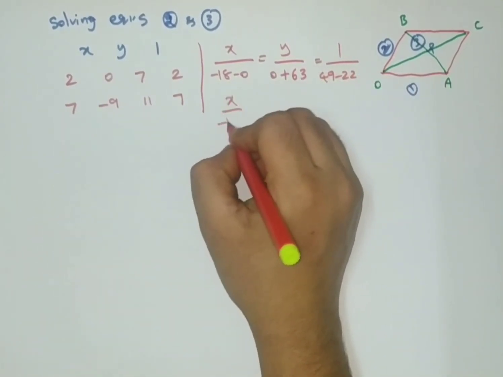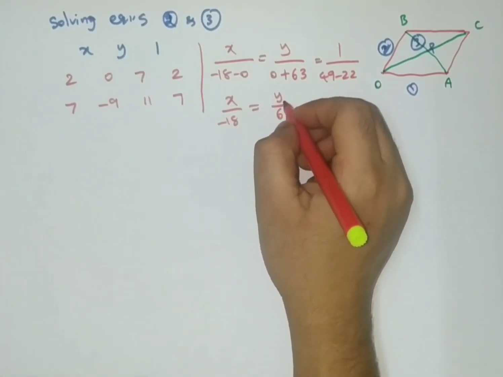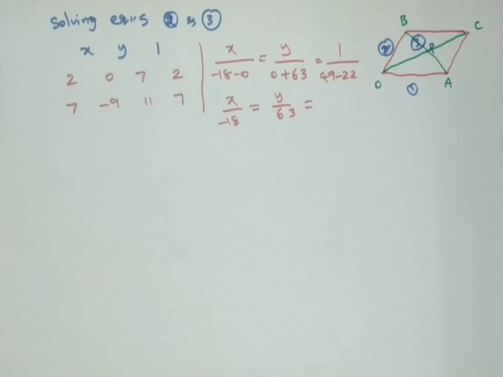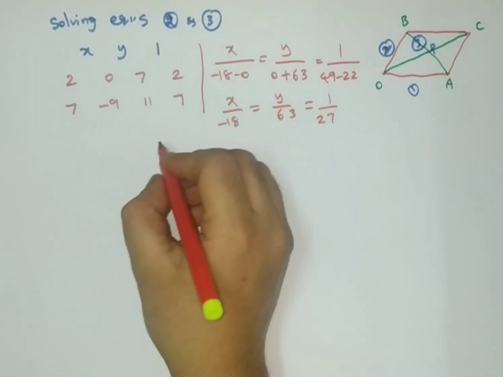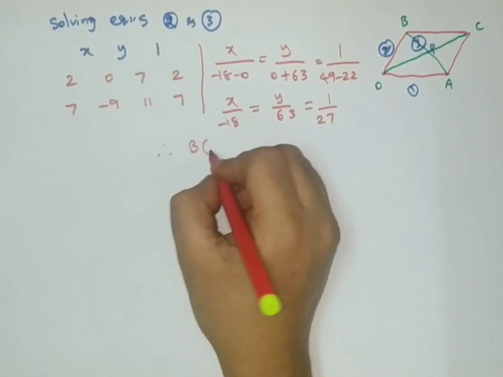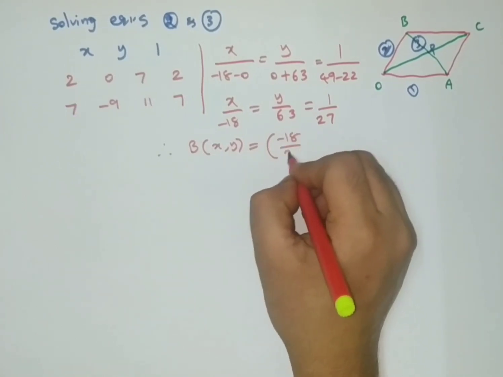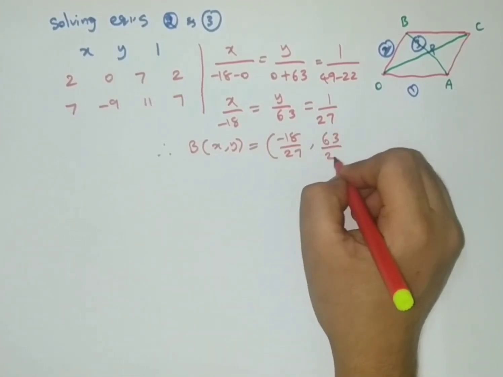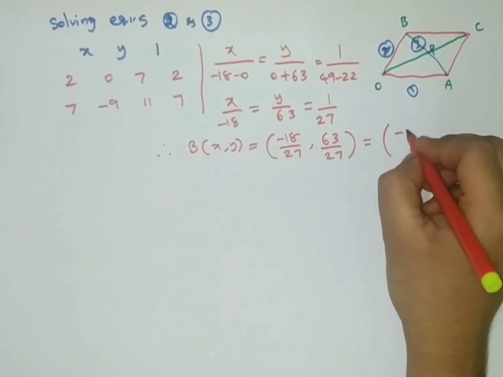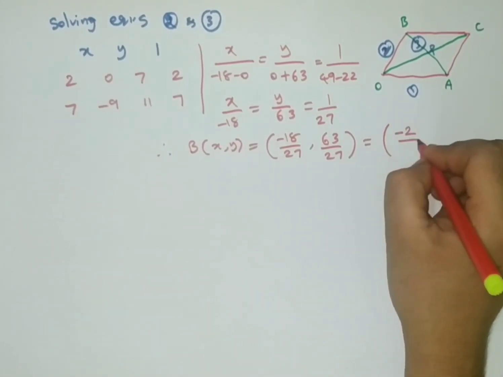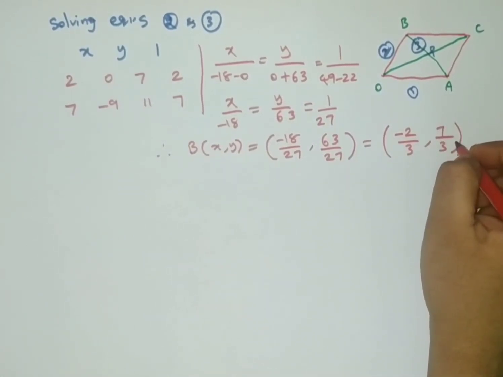So x by minus 18 is equal to y by 63 is equal to 1 by 27. Therefore, the coordinates of B are x comma y is equal to minus 18 by 27 comma 63 by 27. By cancelling this, 9 twos are 18, 9 threes are 27, 9 sevens are 63, 9 threes are 27. So these are the coordinates of B.